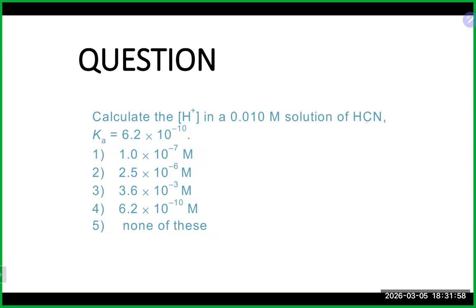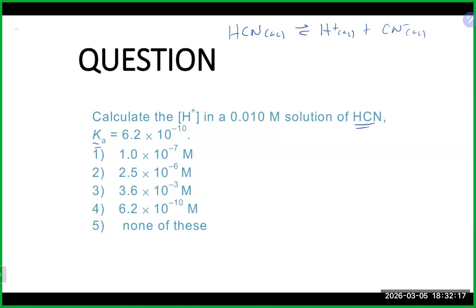We have an acid. We know it's a weak acid. So again, we're going to go through our normal procedure here. We're going to write our dissociation of our weak acid, break it apart into H plus and CN minus in this case, a little cyanide.